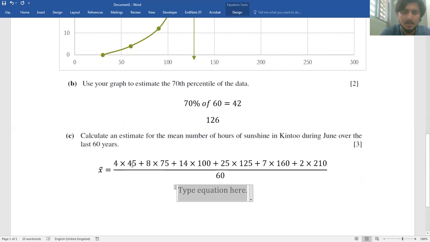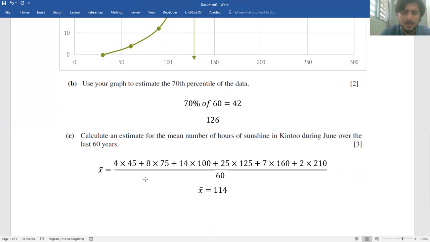So we get the mean, use the calculator, we get it as 140. So this is how we do question number 1.